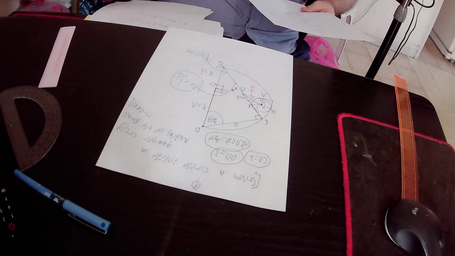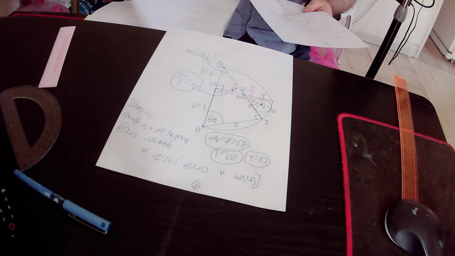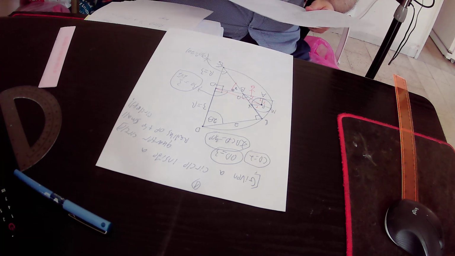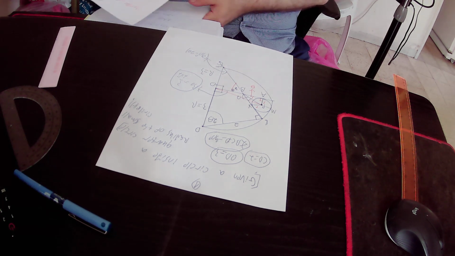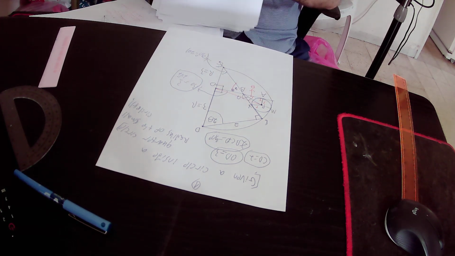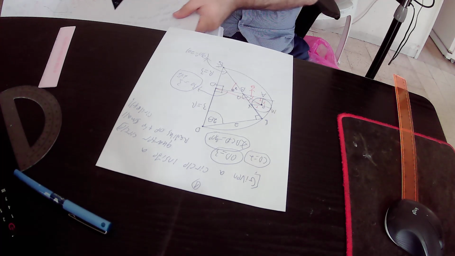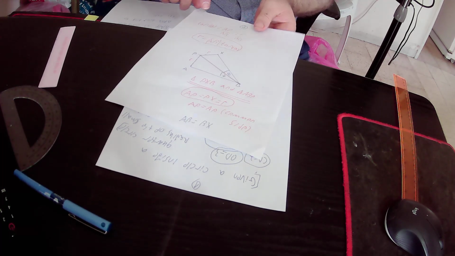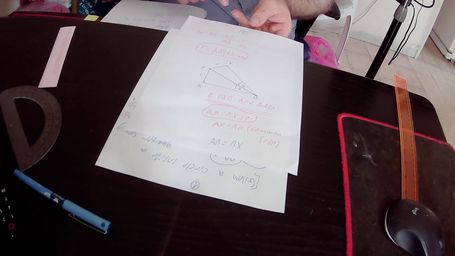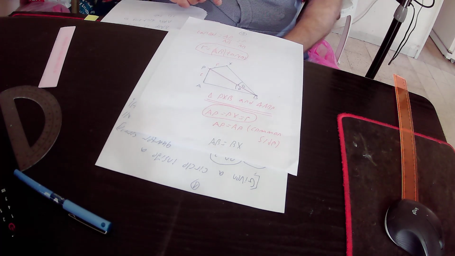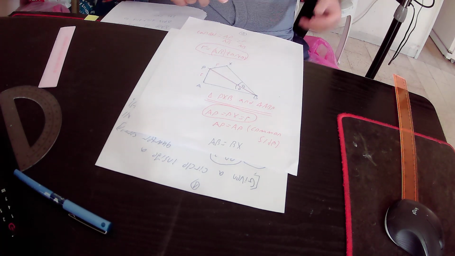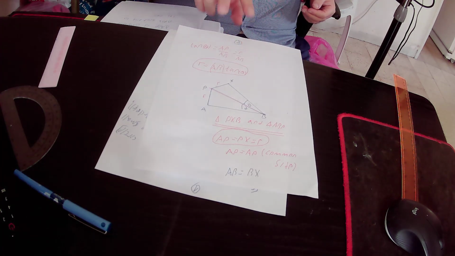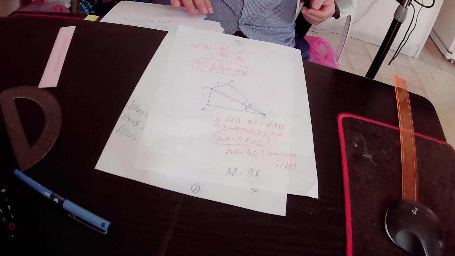Okay, and AP is the radius of the small circle. So we got that tangent theta equals R over AB, and if we multiply this equality by AB, we will get that R equals AB tangent theta.